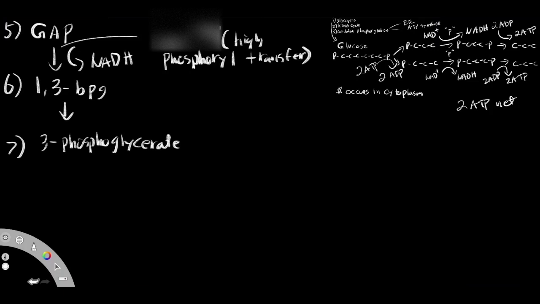What does that mean? That means one of these P's got removed. How? With the help of a release of energy using ATP. Okay, so that ADP now turns into ATP by taking one of these P's, removing it, and adding it onto itself, the ADP, so that it becomes ATP.